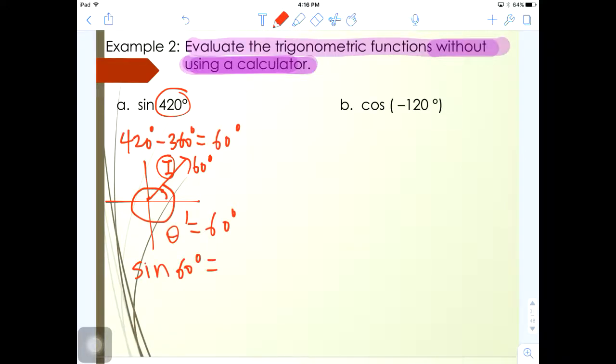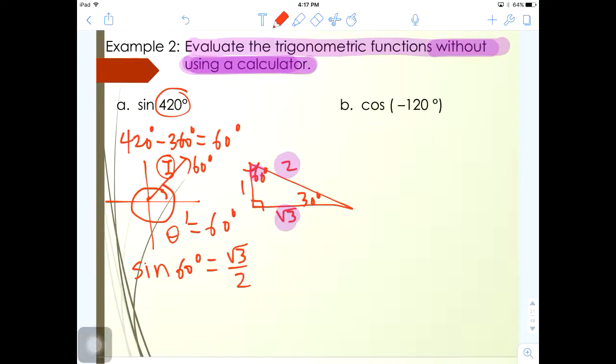I'm looking for 60 degrees, and I need to tap into what we did yesterday with a 30, 60, 90. Remember the ratios between the three sides? The shortest side is 1, the hypotenuse is 2, and the longest side is radical 3. So in terms of 60 degrees, sine is opposite over hypotenuse. So then it is radical 3 over 2.